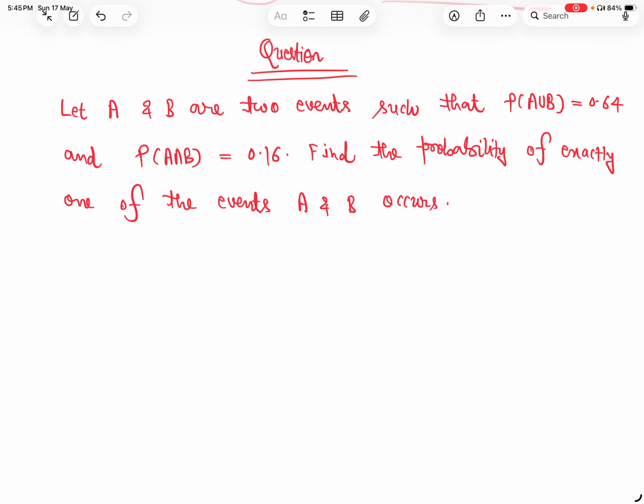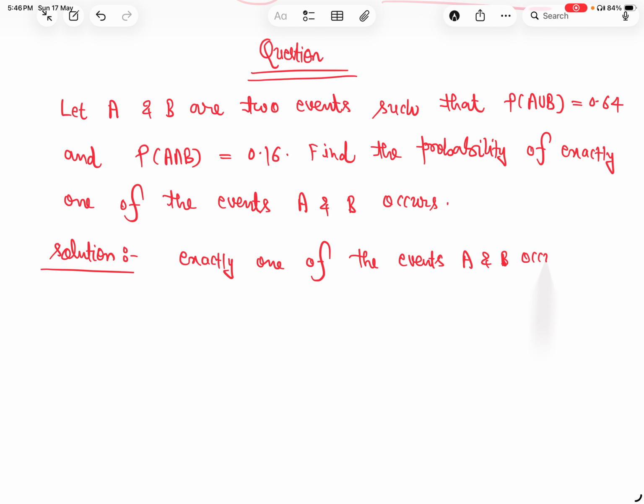So it is a simple question. We just need to understand something. What is the event that exactly one of the events A and B occurs?